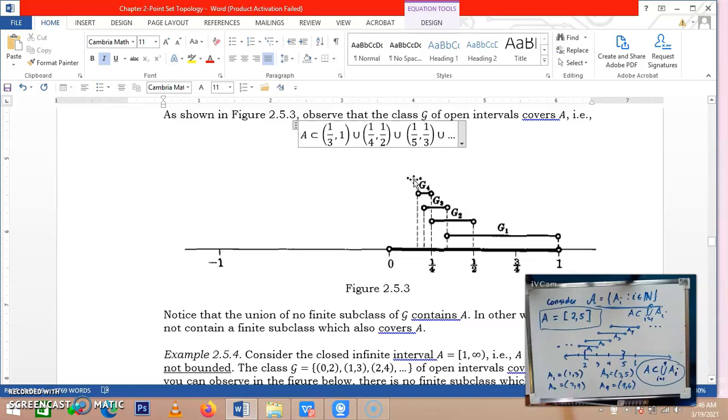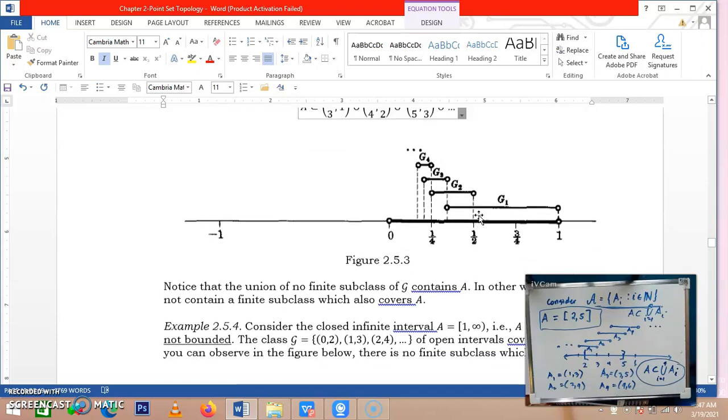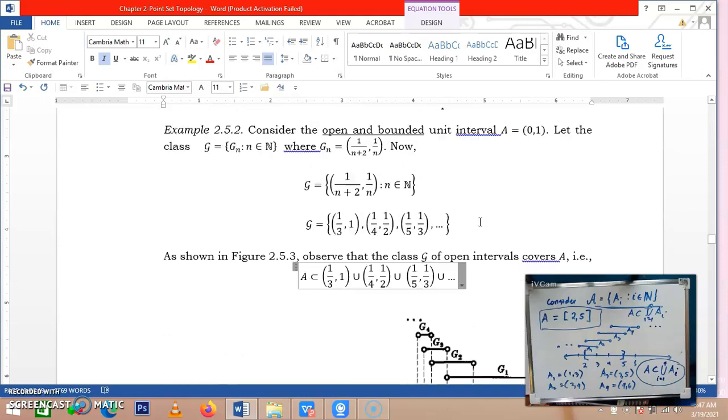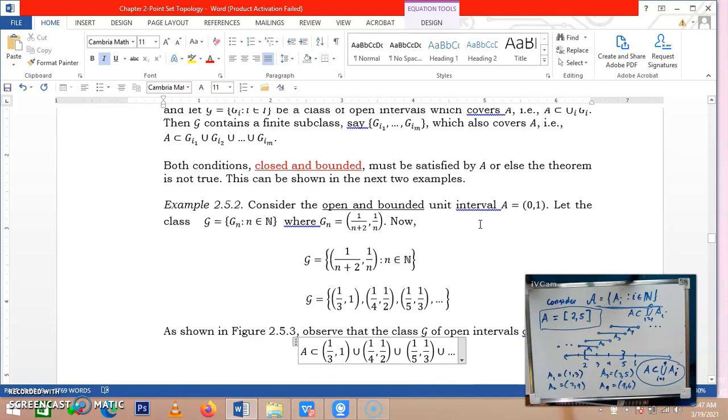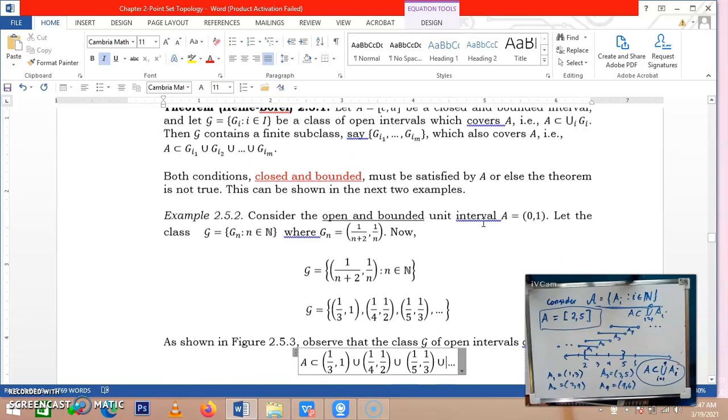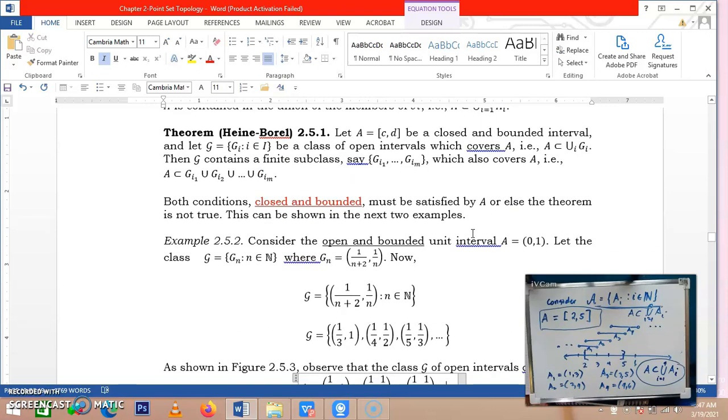But if we get only the finite subclass, it cannot cover set A. Therefore, there is no finite subclass of this class which covers A in this example.